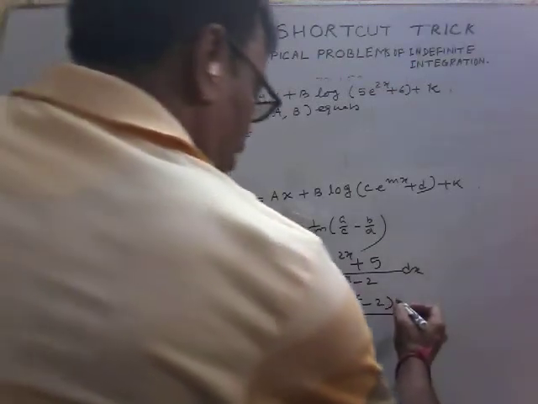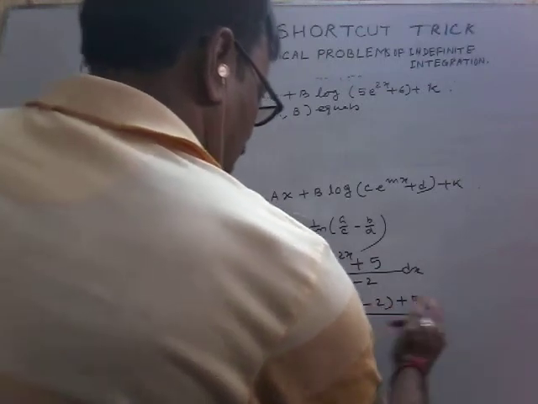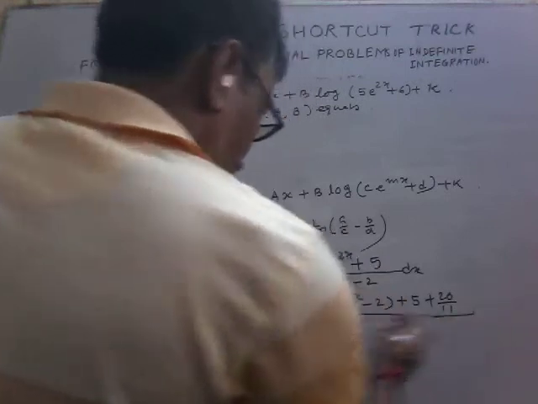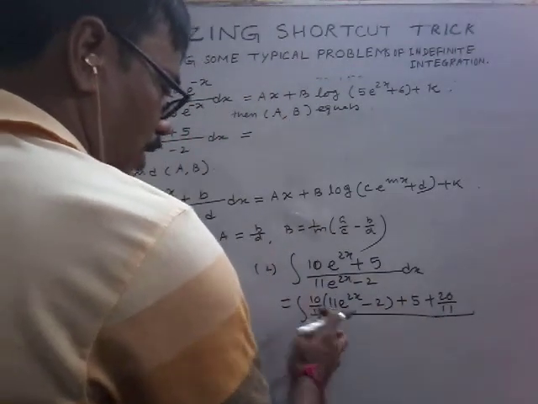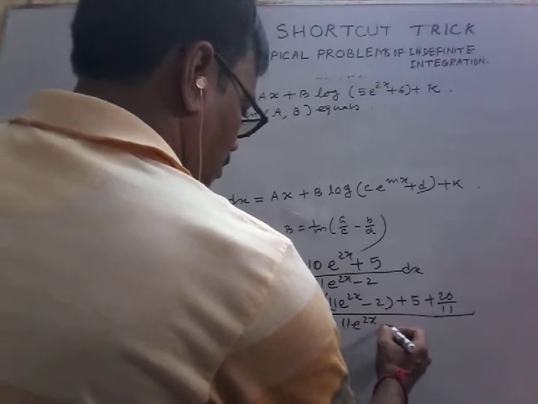And this one is 5, and the extra, this one is 20 by 11. So minus 2 times 10 by 11, that is 20 by 11.